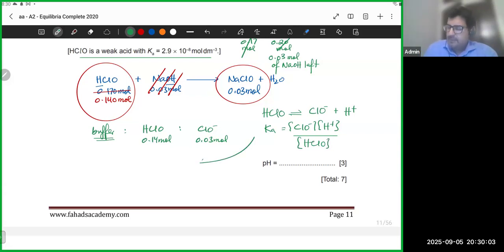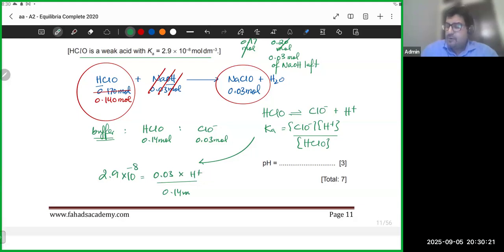So we're going to plug in the values, which are what, 2.9 times 10 to the power minus 8. And ClO minus is 0.03 moles. And this is 0.14 moles times H plus concentration.